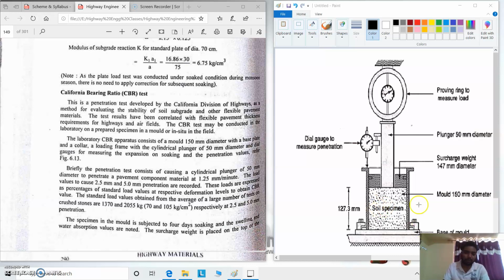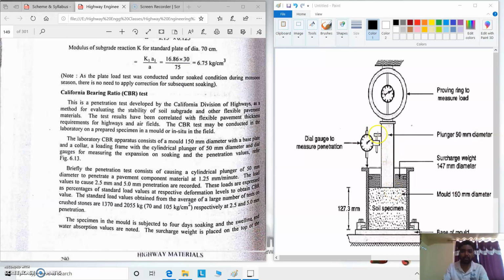That means, for standard aggregates, 2.5 mm penetration is caused by a load of 1370 kg and 5 mm penetration by 2055 kg. That is, 70 kg per square centimeter for 2.5 mm penetration, and for 2055 kg the reference is 105 kg per square centimeter for 5 mm penetration.